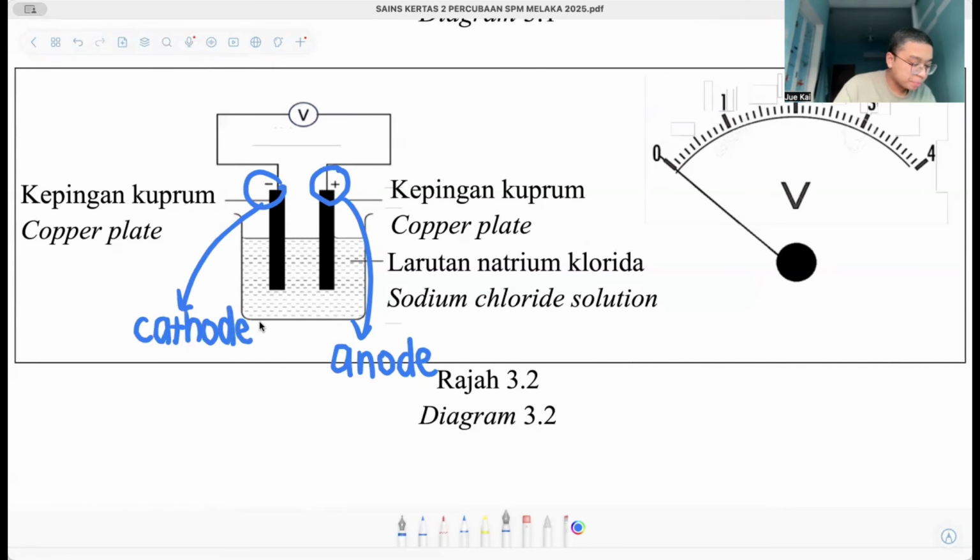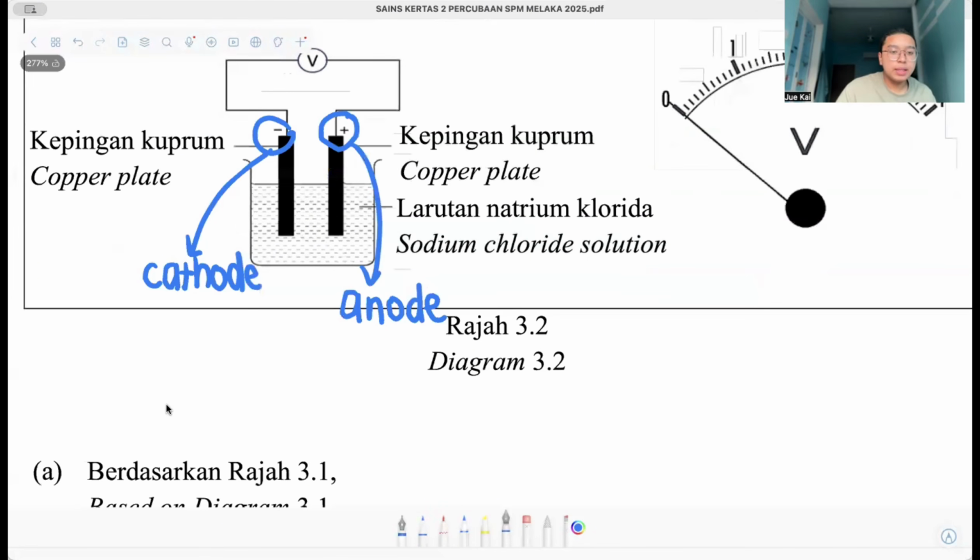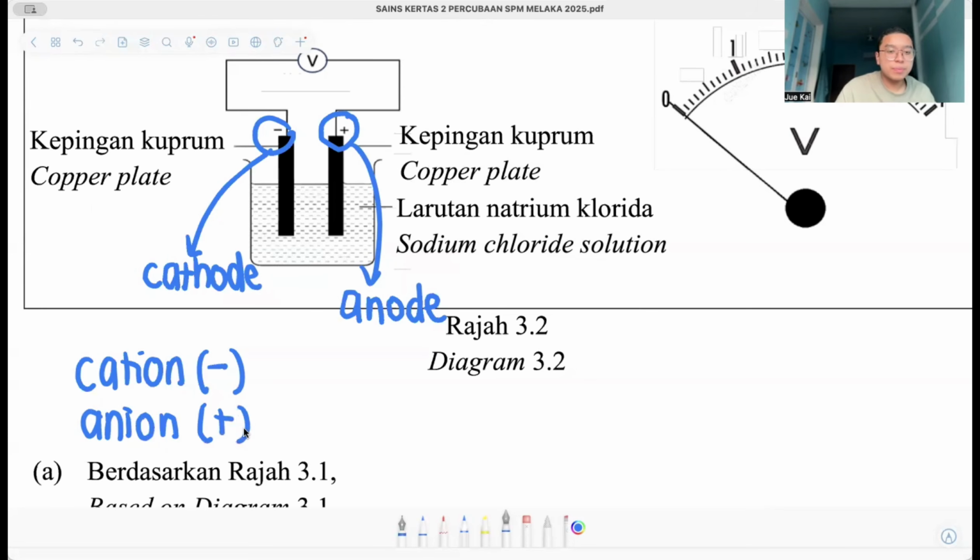But you need to know, cation is positive and anion is negative. Okay, we recap a bit now. Oh, sorry, wrong. I said it the wrong way, you see, I also confused. Okay, cation is positive and anion is negative. So sometimes they will confuse. Positive go anode, no? Negative go cathode?